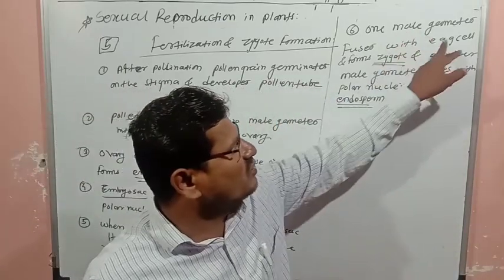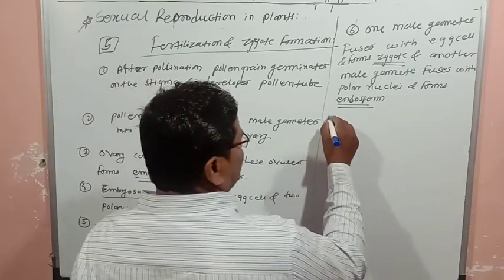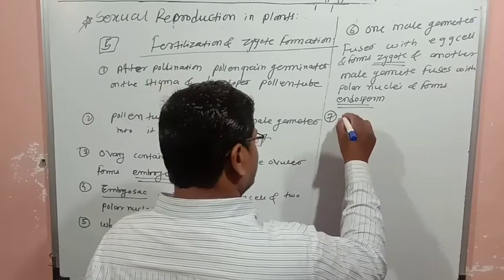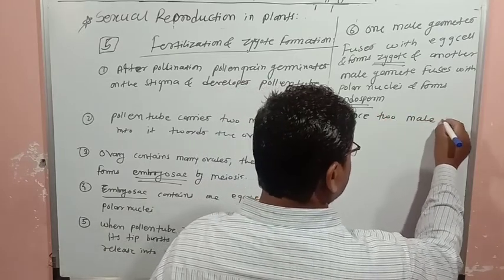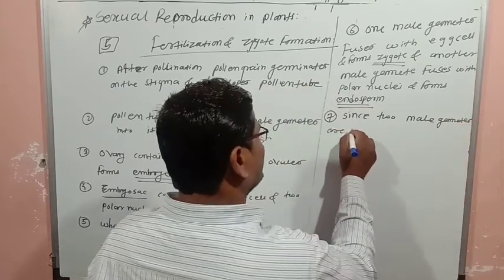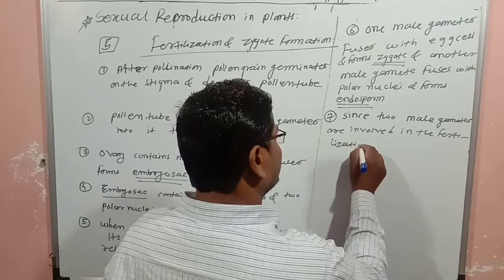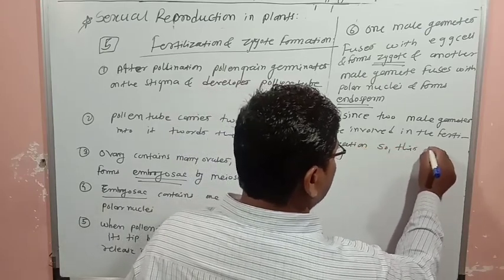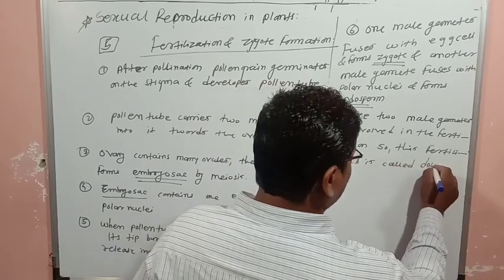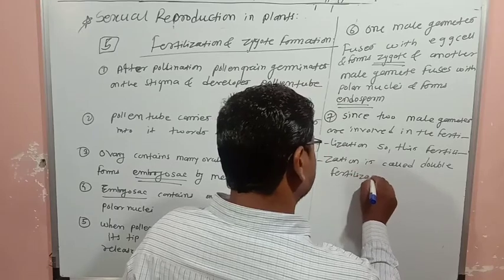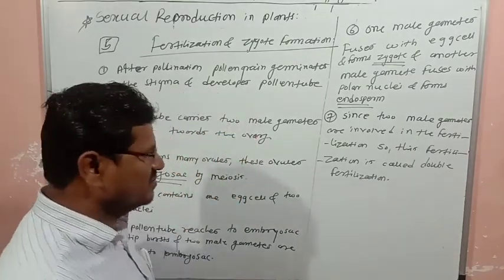Next, since two male gametes are involved in the fertilization, this fertilization is called double fertilization. And now we will draw the diagrams.